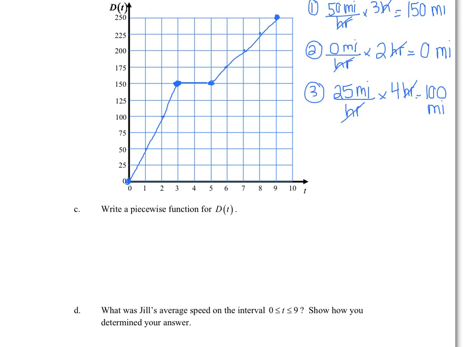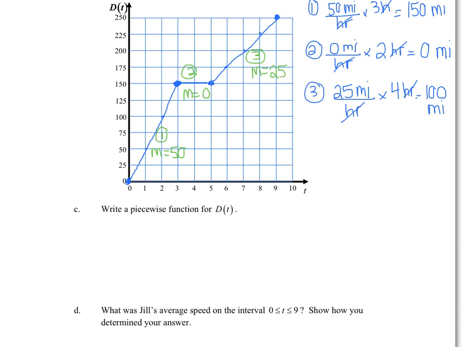Next part is we need to write a piecewise function for d of t. So I like to break this up into the 3 parts and find the equation of each part. We already know the slope because we're given that with the speed. So for part 1, the slope is 50. For part 2, the slope is 0. And for part 3, the slope is 25.